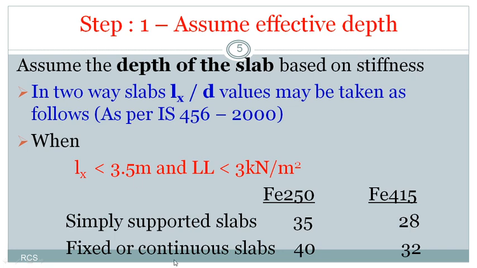Then for the type of support condition, we have to categorize the slab. If you are designing a simply supported slab and using Fe415 grade steel, you can use 28. If you are using Fe250, then the Lx by d ratio would be 35. And for the other condition, fixed or continuous slabs, the values will be like this.